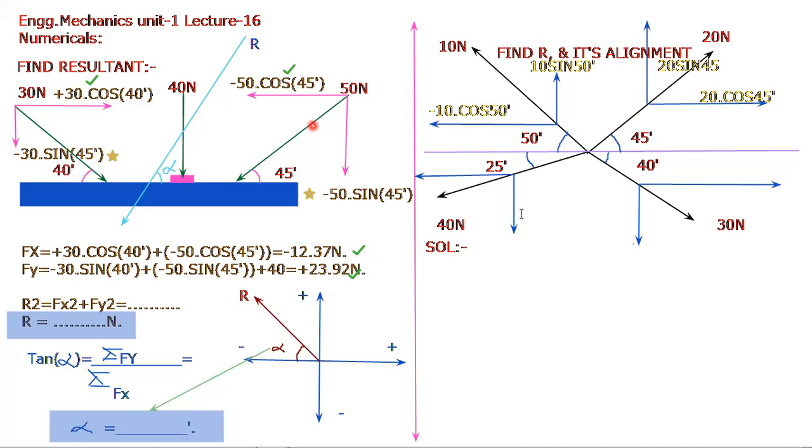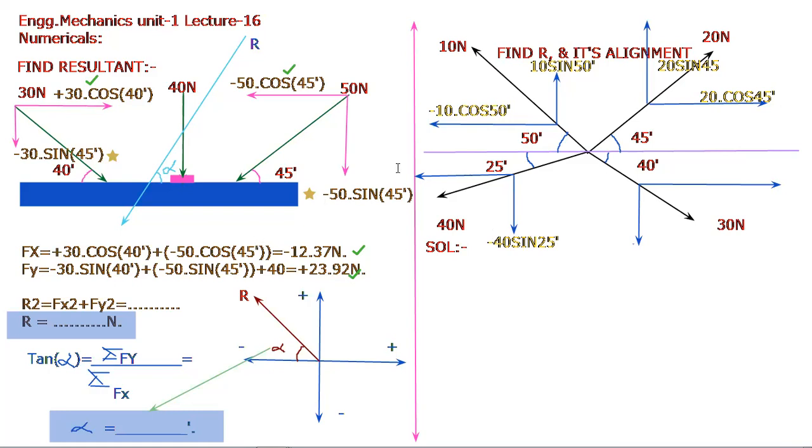Okay, now here also you have to write minus 40 sin 25 degree. Minus 40 is magnitude and sin 25 is sine of angle.